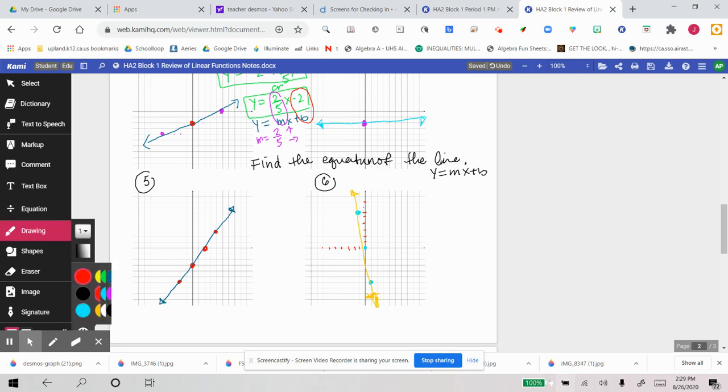So that's the very first step. Look for the y-intercept. Step number 2, determine the slope.